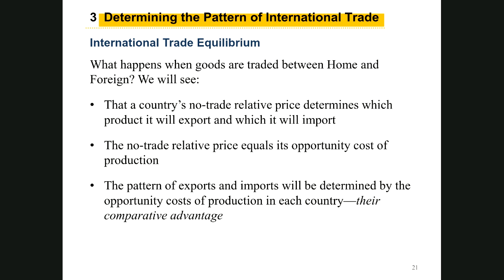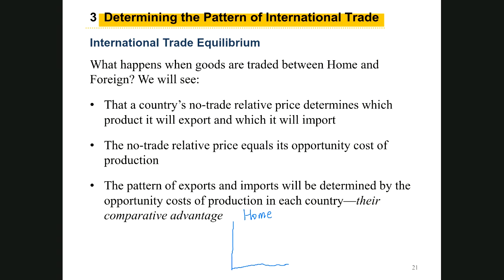Okay, so let's review a little bit of the Ricardian model. What do we know about the no-trade equilibrium? So what should we construct first? We need to know the production possibility frontier, right? Of each of the countries. Say that this is home, and what do we have to know before constructing the production possibility frontier?